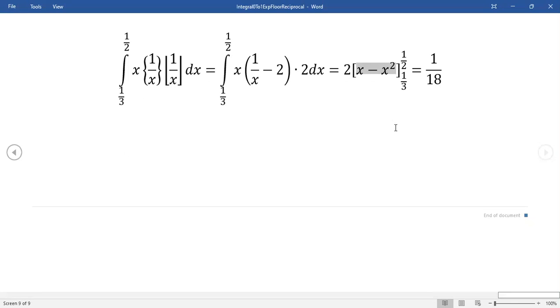What this notation means is to evaluate this part at 1/2, then subtract from that whatever you get when you evaluate it at 1/3, and then multiply by 2. I left out the steps; those are arithmetic, and most of you watching don't need to see that. This is just a symbol to represent how you evaluate an integral. It's pretty straightforward, actually, and the result of the integral is 1 over 18. I hope that helped.